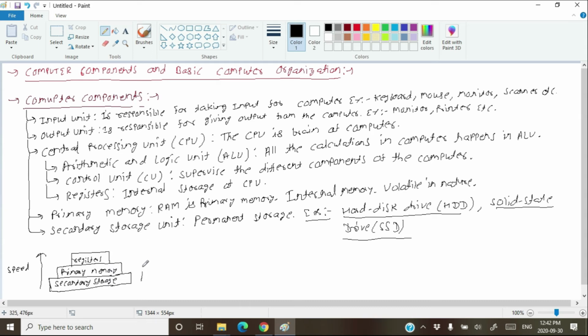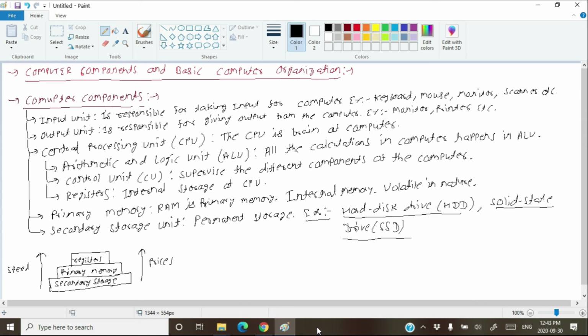But if you talk about the price of these components, then the secondary storage is cheapest, the primary memory is more costly, and the registers are the most costly storage components in the computer. Hopefully you are getting my points. Take a screenshot or make notes on your copy.